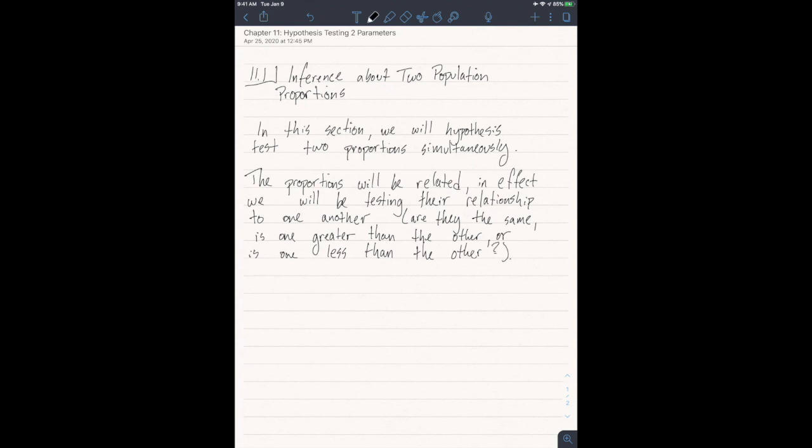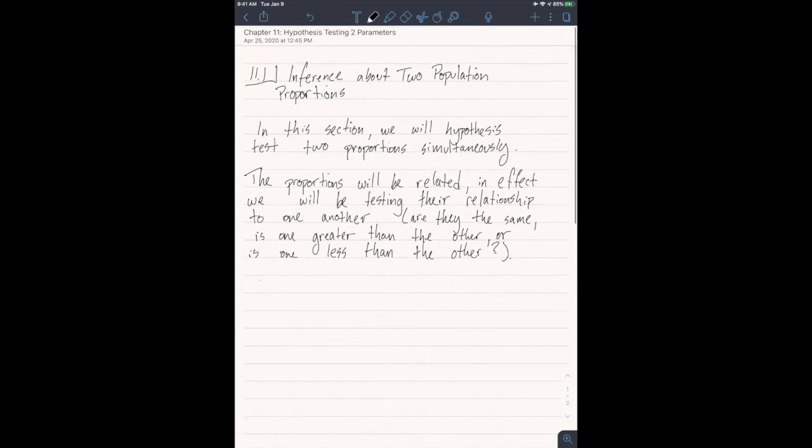So a real life example would be, that comes up a lot, and you'll see if you follow along with the book, or actually any stats book really, and the examples in this kind of section, a big thing that people are interested in is the differences between the genders, between men and women.